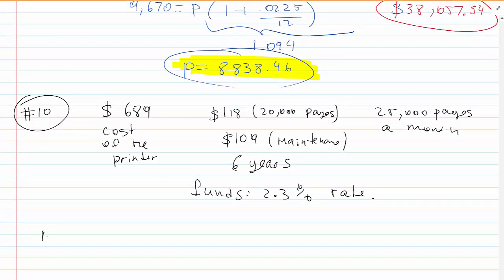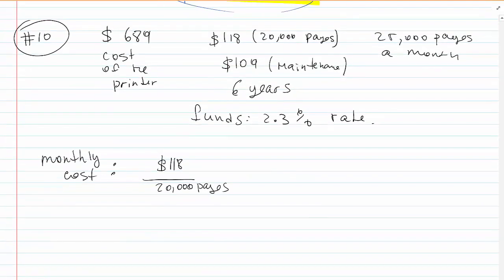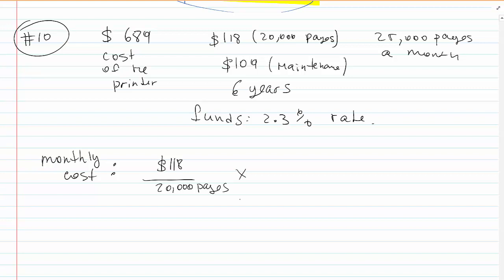So we're doing monthly cost. So it's $118, correct? If you recall, we're dividing by the number of pages that it's printing. That's a cost per page, just like we did the other one. And then you're going to multiply this by how many pages we need to print, 25,000.